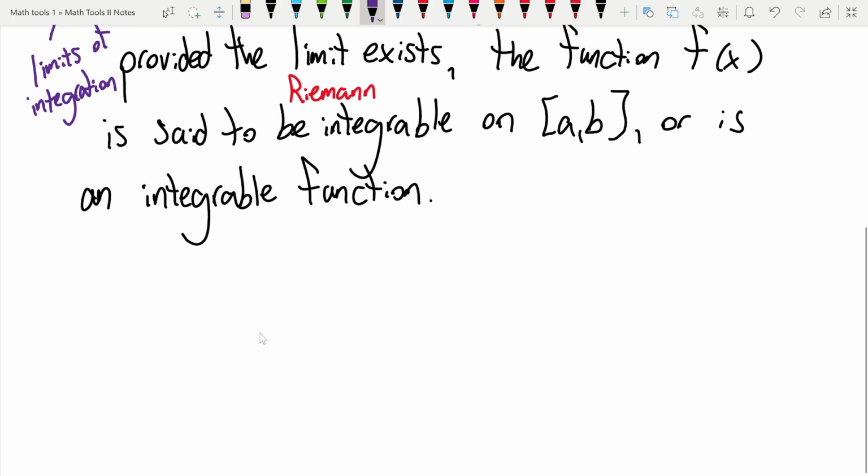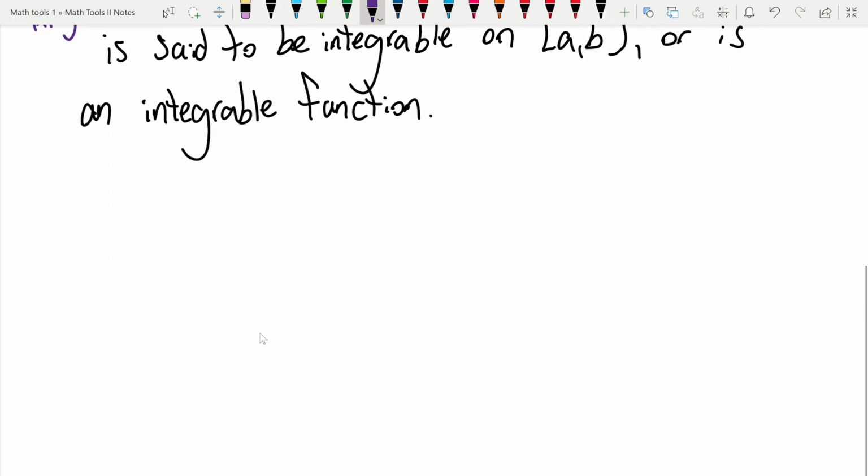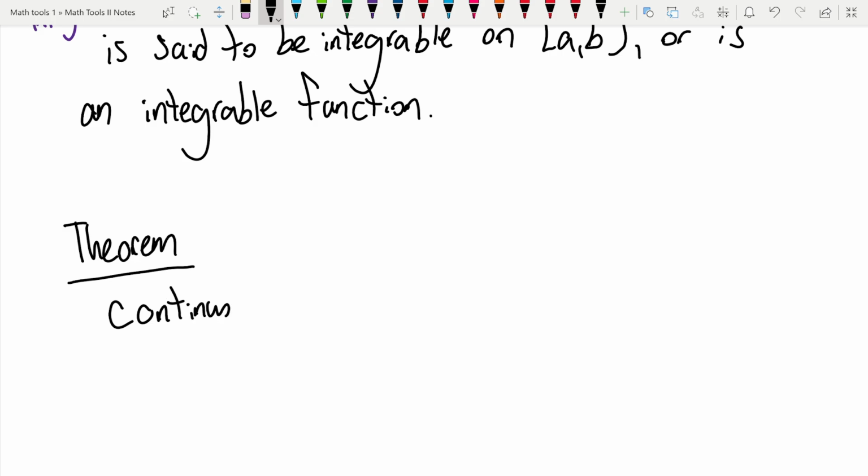So we didn't specify any conditions for the function, so let's look at some functions we know to be Riemann integrable. We'll state this as a theorem: continuous functions are integrable.